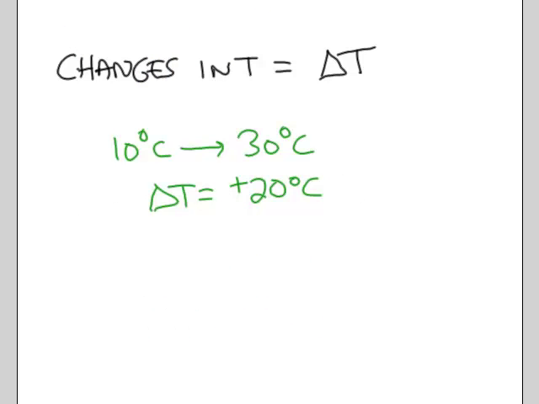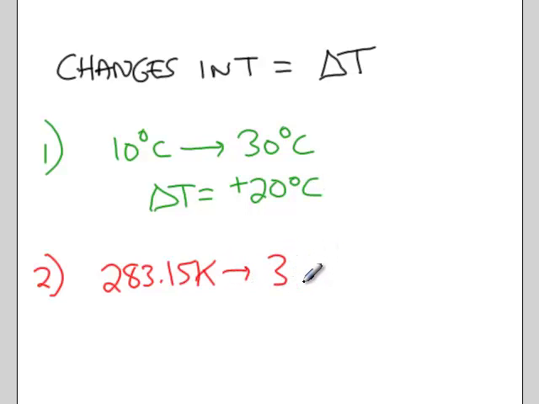Now for the same experiment, let's say that someone measured everything in Kelvin. So experiment number 1, we measure it in degrees Celsius. Experiment number 2, exactly the same experiment, but now we're using Kelvin. 10 degrees Celsius, to convert that to Kelvin, I just add 273.15 and I get 283.15 Kelvin as my starting point, and my end point is 303.15 Kelvin.